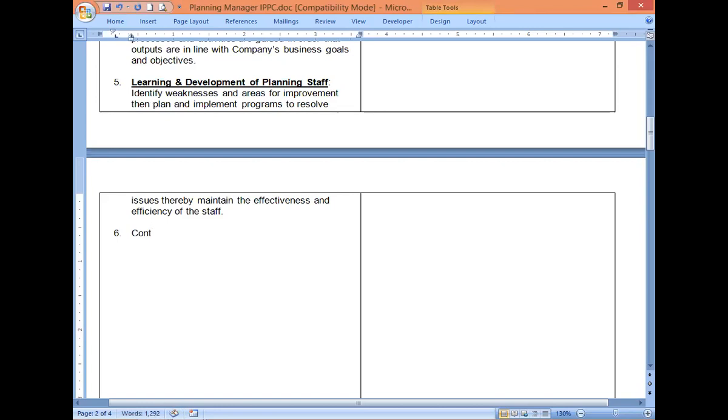So continuous. Are you familiar with DMAIC? Define, measure, analyze, improve, and control. What about 5S? Are you familiar with 5S? Those are also some of the QMS. 5S is like sort, set in order, shine, standardize, and sustain.